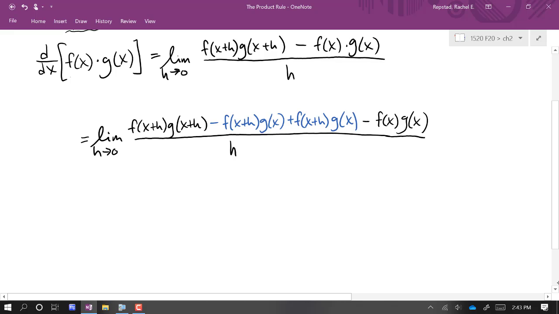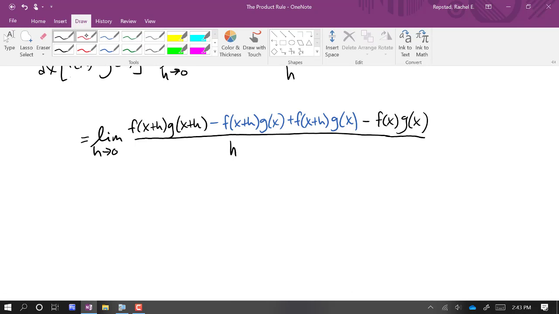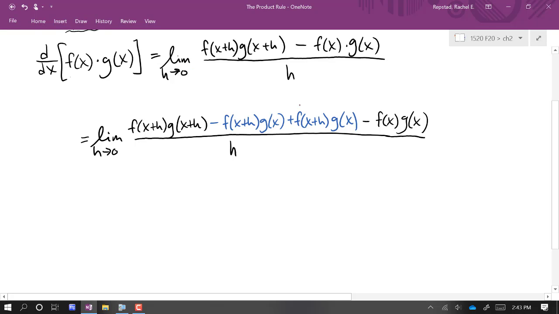Now we have this limit, and it looks like at first that we just made the fraction uglier, like harder to work with. But this actually is going to be what makes it work for us in general. And what we're going to do is split up this fraction over this addition right here.